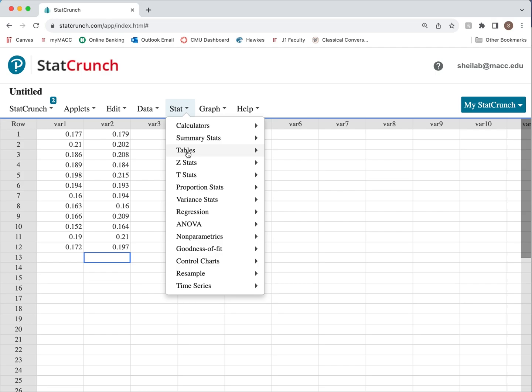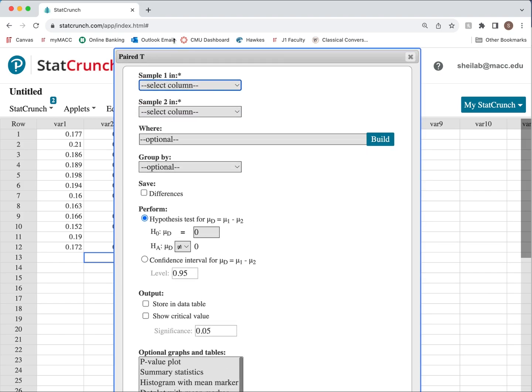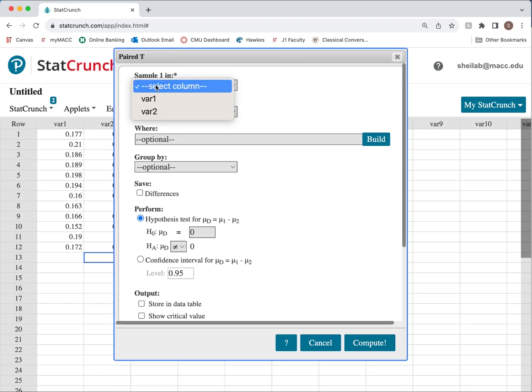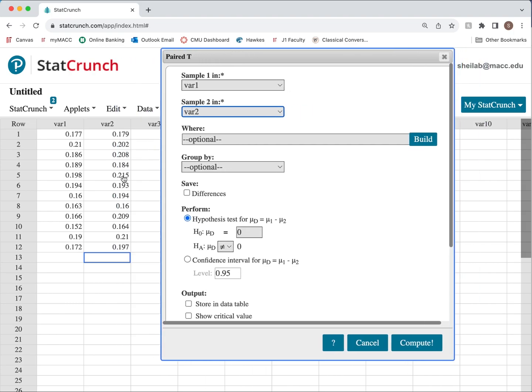So we're at stat because we're talking about mean. And look, there it is, paired. So stat, T-stats, and then paired. Whenever I'm pairing this up, let me scoot this up so you can see the whole thing. I'm going to go with my first column that I have plugged in there, my second column that I have plugged in there.